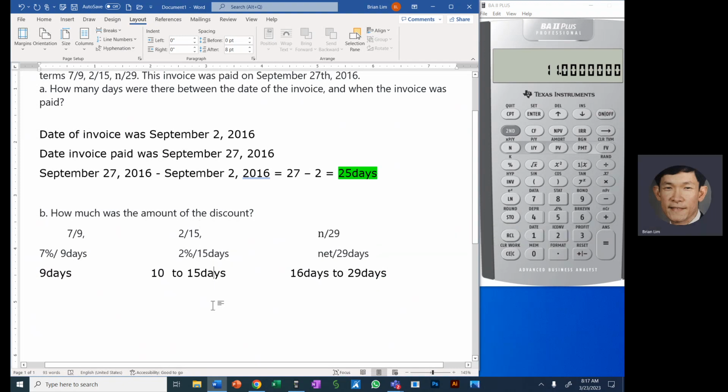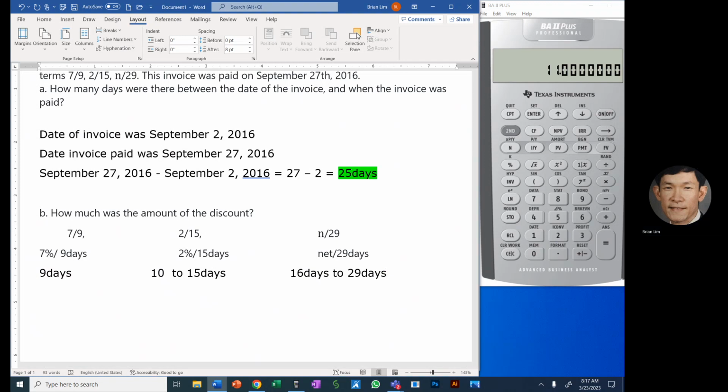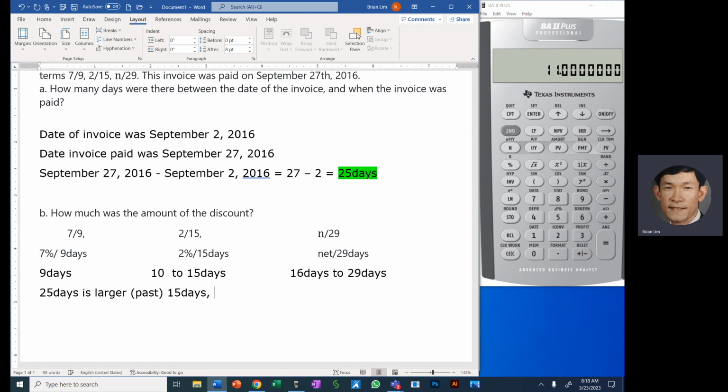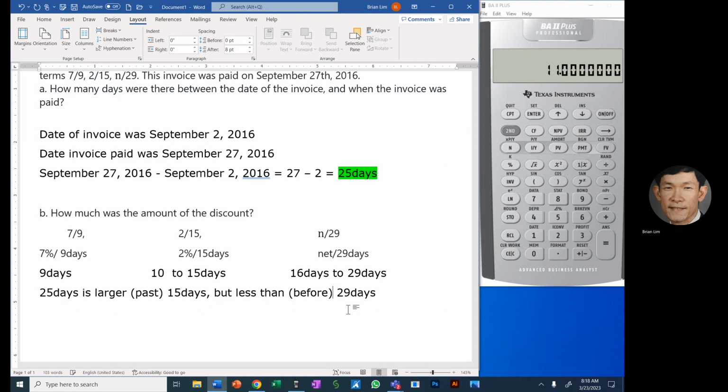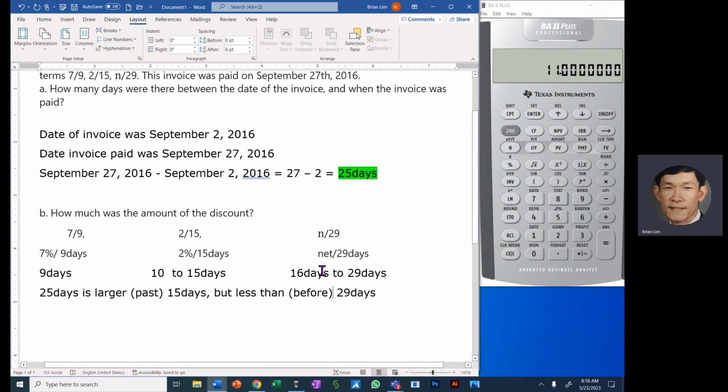We can say 25 days is past 15 days, but less than 29 days. Or we could say before 29 days. So it is right in here.